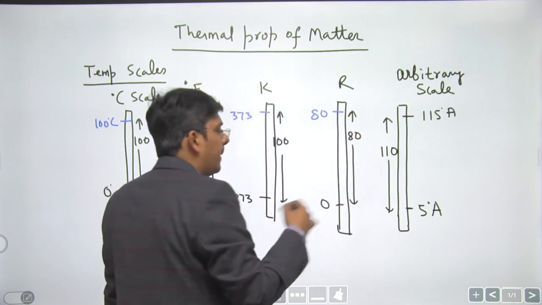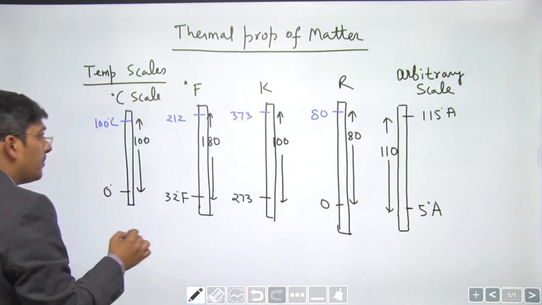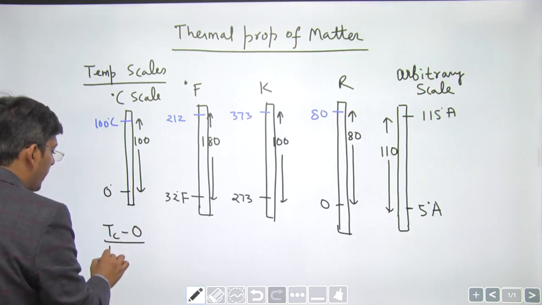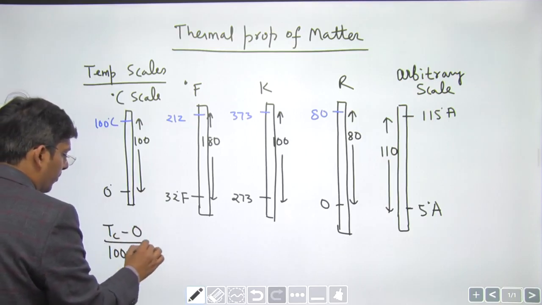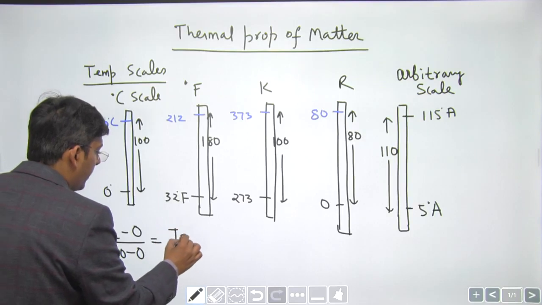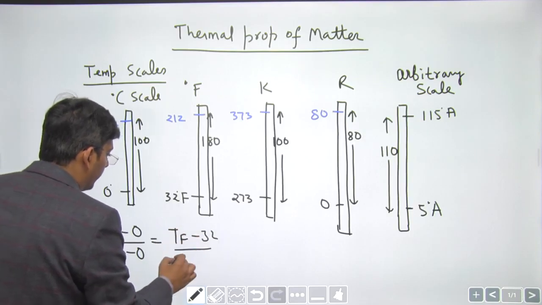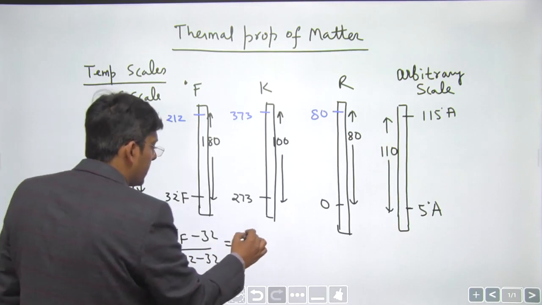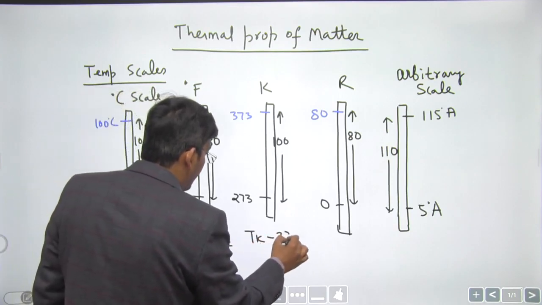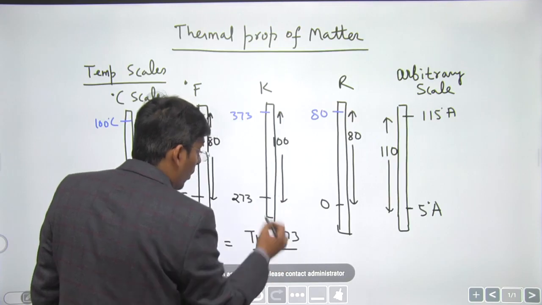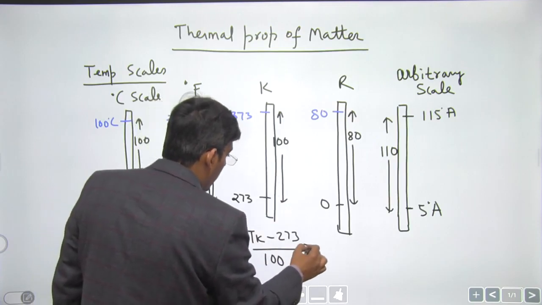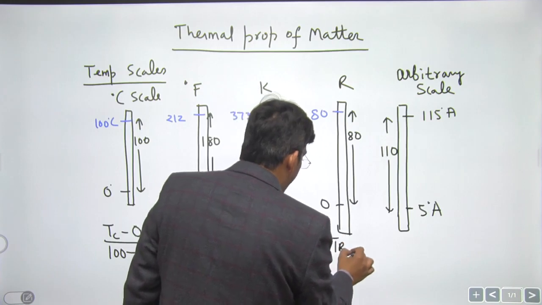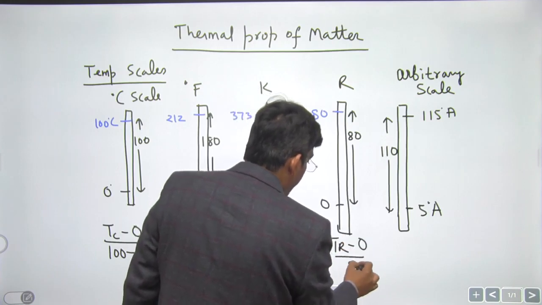So the temperature conversion formula comes out to be like this: temperature in degrees Celsius minus lower fixed point divided by upper fixed point minus lower fixed point. Temperature in Fahrenheit minus lower fixed point divided by upper fixed point minus lower fixed point. Temperature in Kelvin minus ice point divided by, obviously, the number of divisions also. Then we have temperature in Reamur scale divided by the number of divisions.